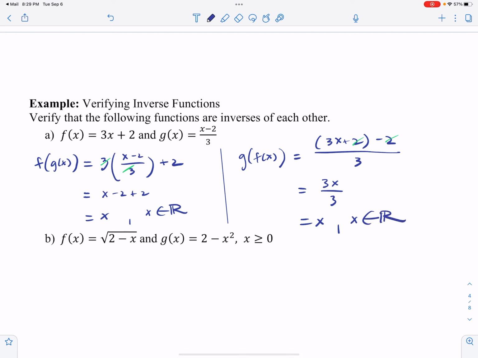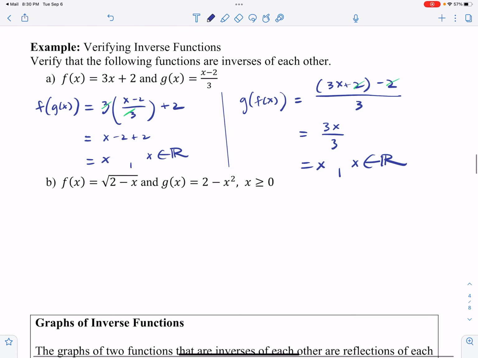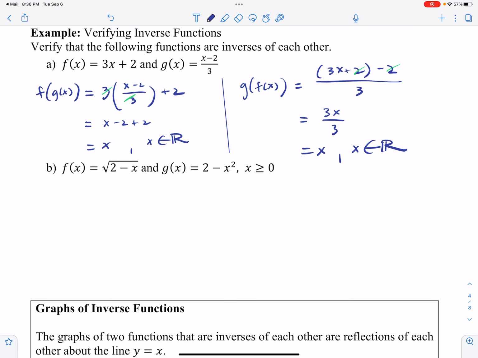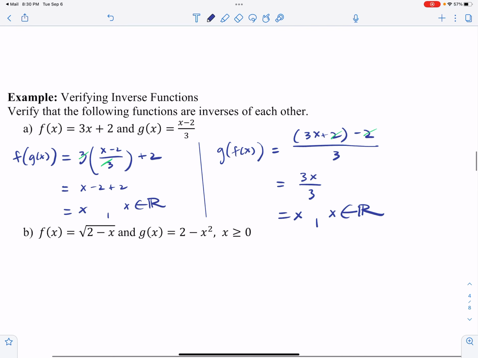So I can say x is an element of the real numbers. Okay, so we have verified that f and g are inverses of each other. So we can say, therefore, f and g are inverses of each other.